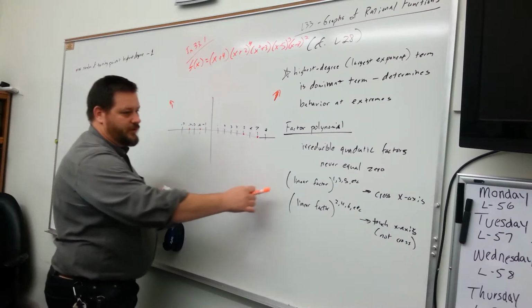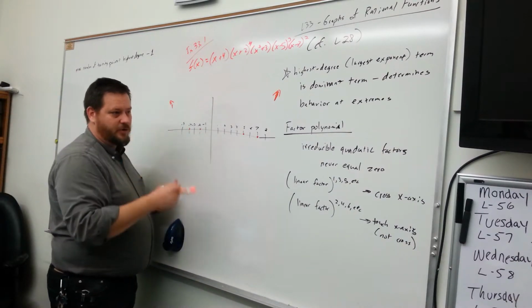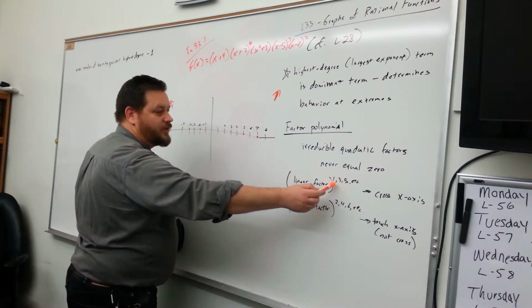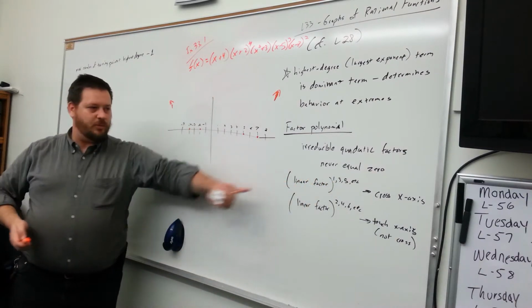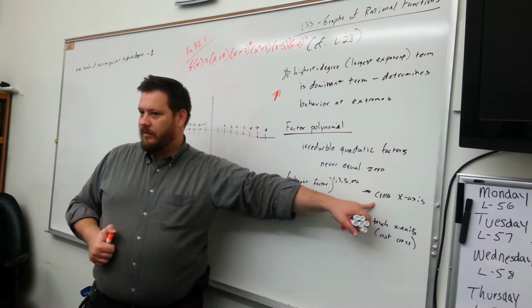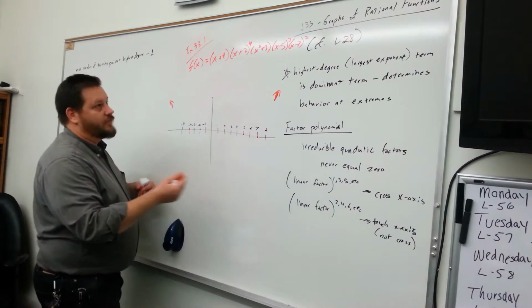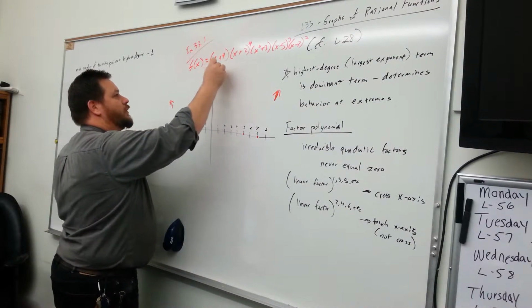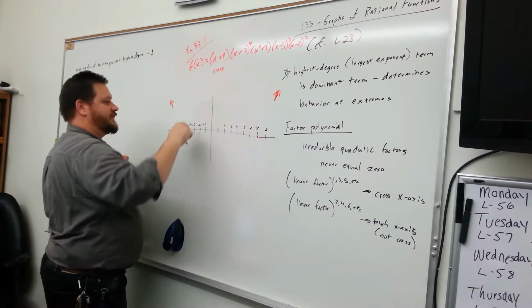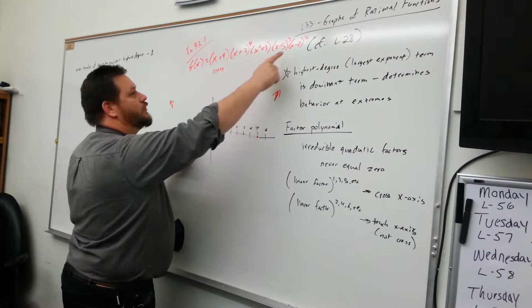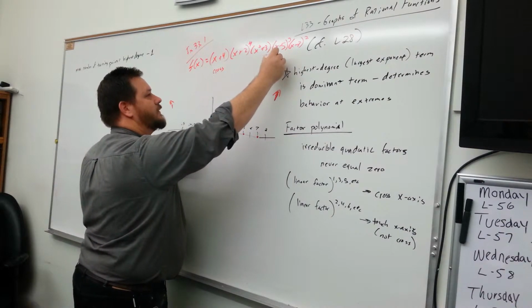And let's see. So here's the other new concept from today's lesson. Linear factors that are raised to an odd power. This is what we've been doing. That's where it crosses the x-axis. So it's going to cross the x-axis at this one, and it's going to cross the x-axis here.